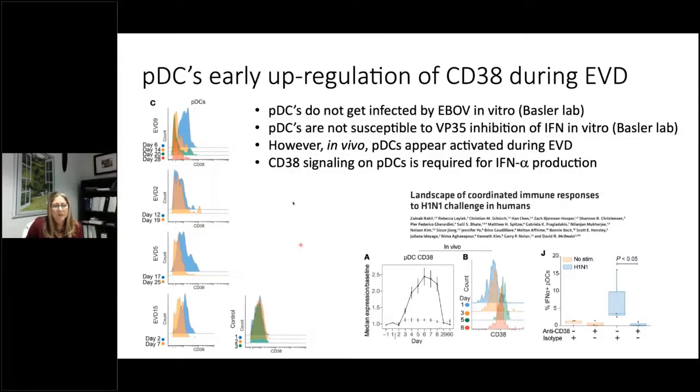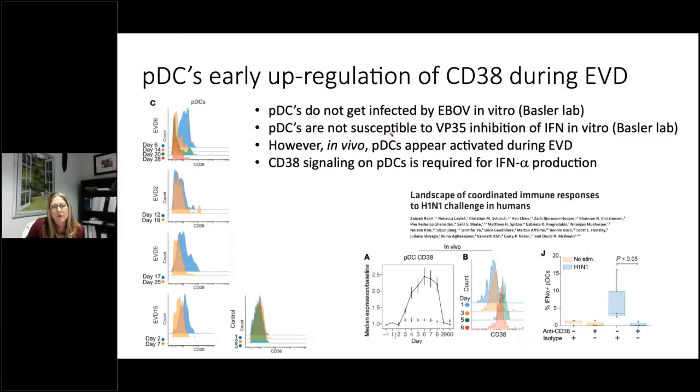So plasmacytoid dendritic cells are responsible for the vast majority of the stimulation of the adaptive immune response, presenting antigen to B cells and T cells, and they also make a lot of interferon alpha. They're responsible for the majority of interferon alpha production. We knew a little bit about these PDCs in the context of Ebola infection because data from the Basler lab in 2 separate papers has shown us that PDCs are not infectable by Ebola in vitro, which is kind of unusual because every other myeloid cell is infectable.